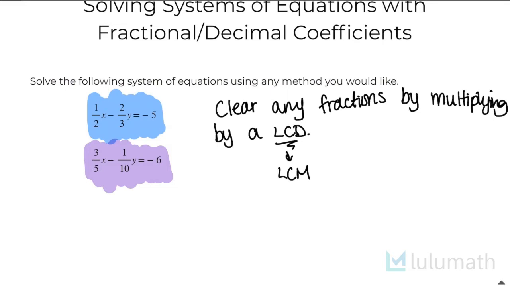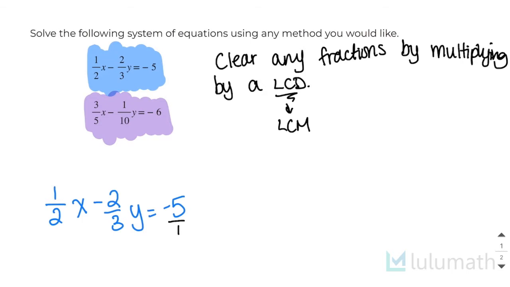If you take a look at our blue equation right here, we've got 1/2 x minus 2/3 y equals -5, okay? So I want to find the LCD of my denominators. First of all, this 5 has a hidden denominator of 1. So I need to find the LCD of my denominators, which are 2, 3, and 1.